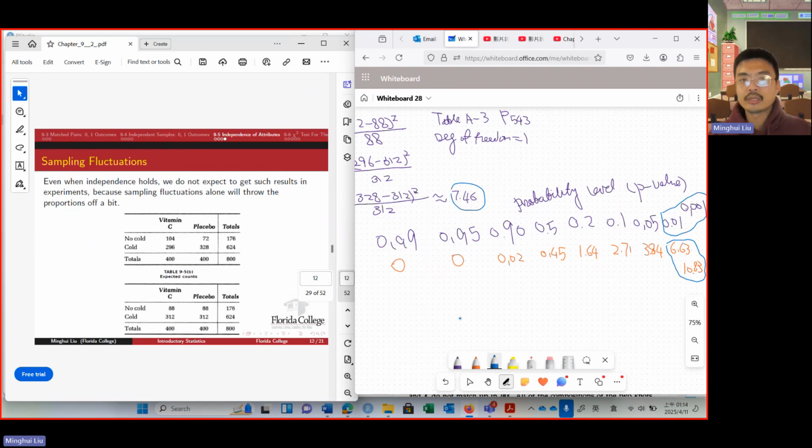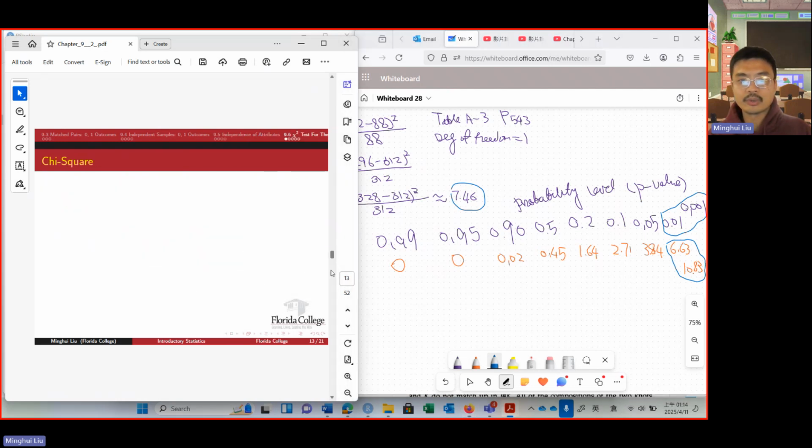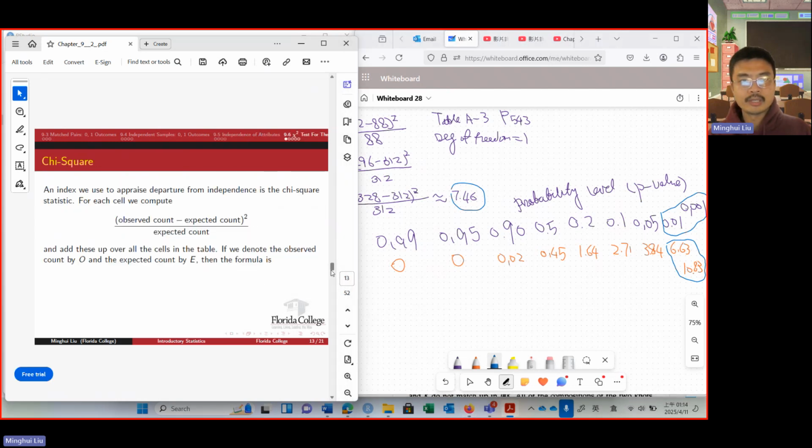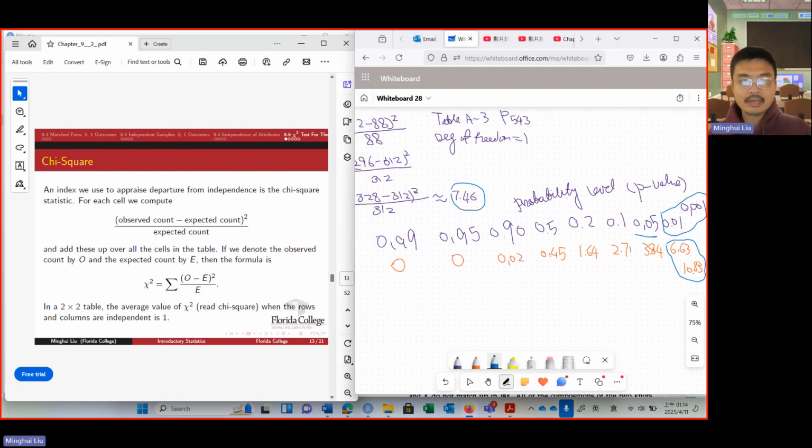And usually a rule of thumb is whenever this probability of p-value is less than the threshold of 0.05, so it's less than this threshold. And I'll show you the next slide.